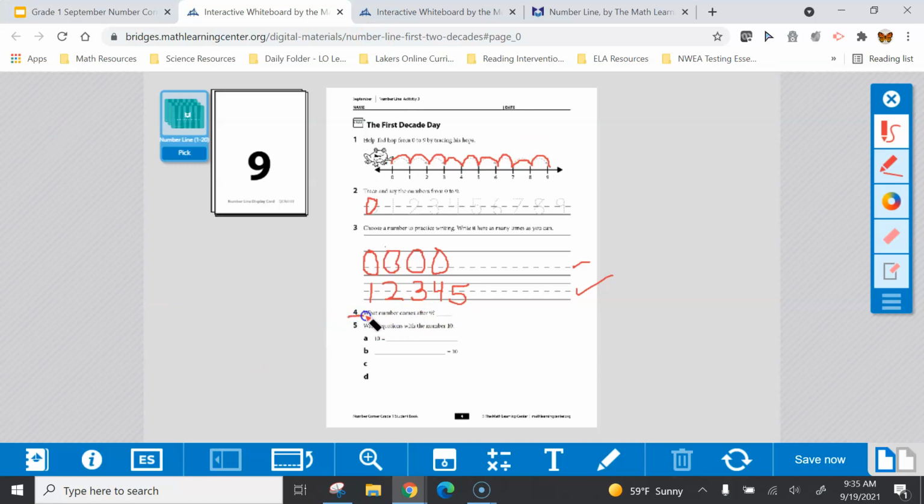Your job for question number 4 says, what number comes after 9? You have to think about it. Then they want you to write down your answer right next to the question. After you do that, you have a job to do on the bottom of the page. Your job is to write math facts, or what we call equations. Equations is another way of saying facts that equal the number 10.